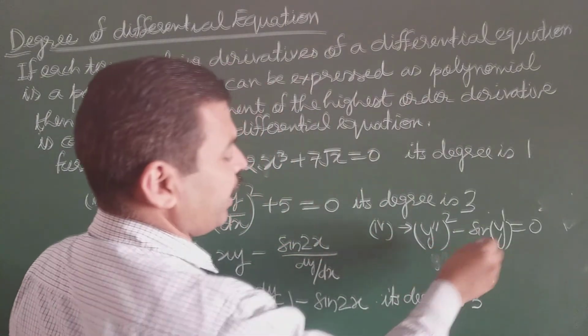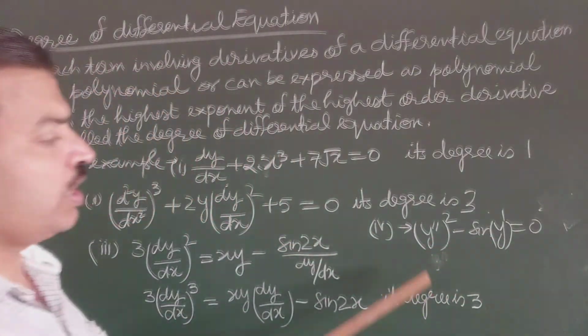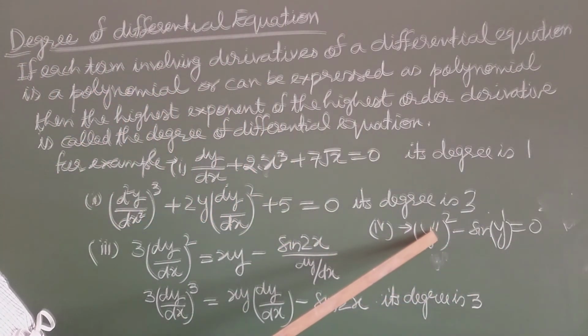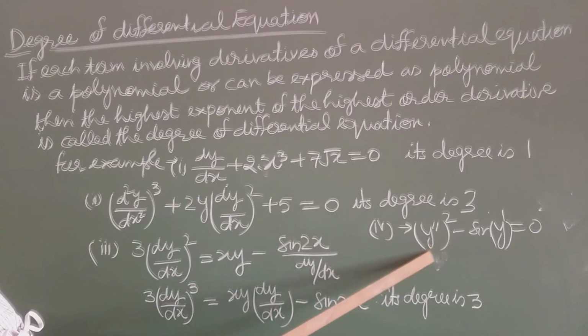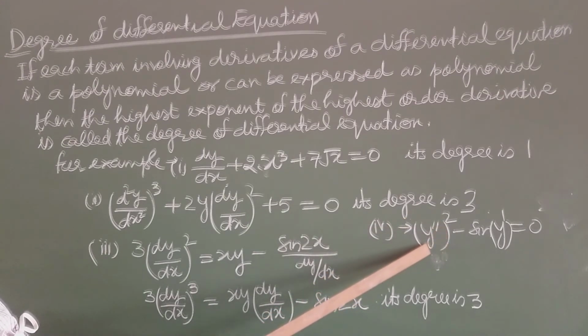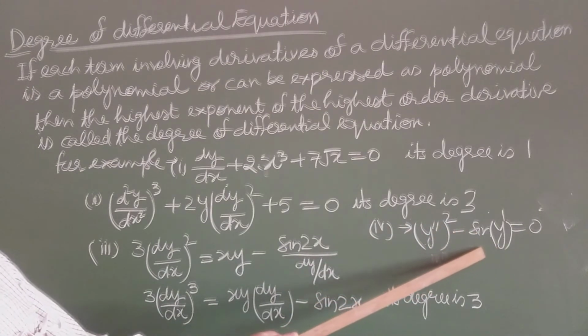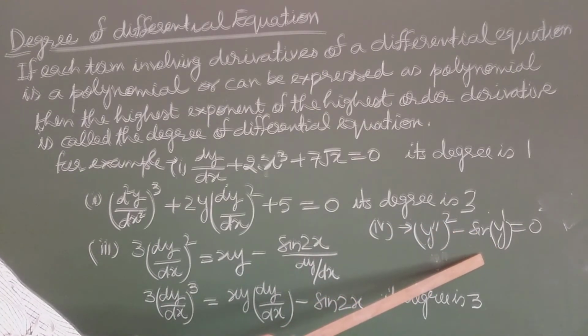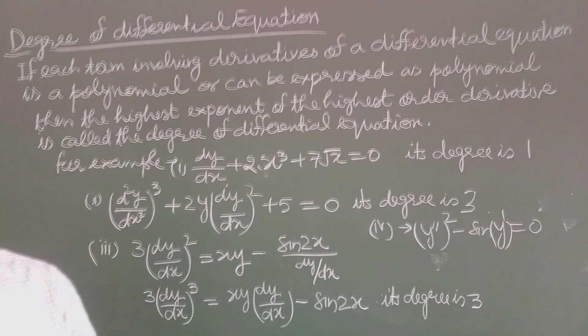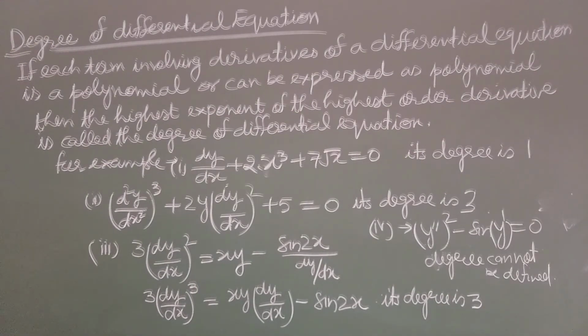So its degree cannot be defined, but its order is 2. The highest order is 2. So that's why its order is 2. But because it is sin y dash, not a polynomial, its degree cannot be defined, students.